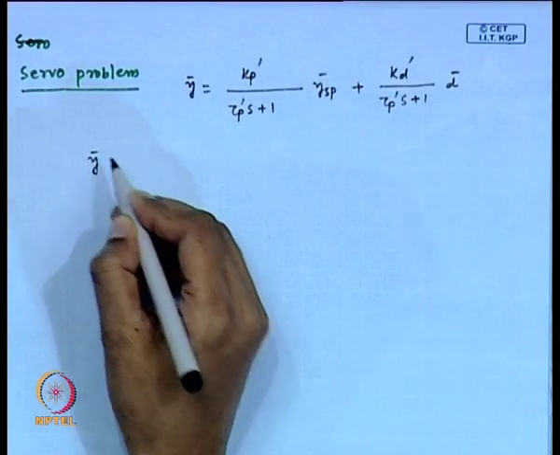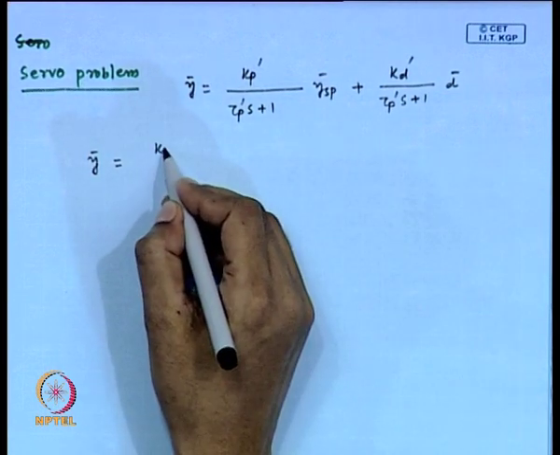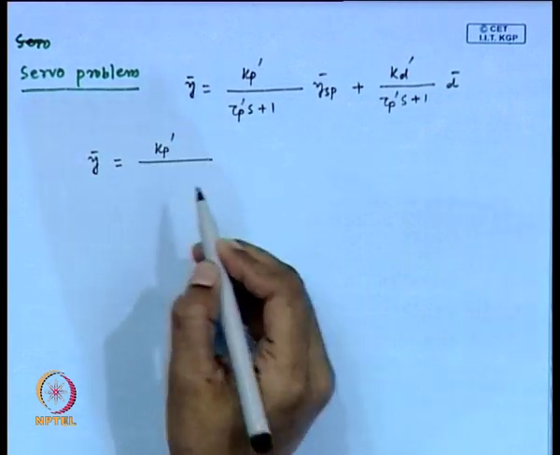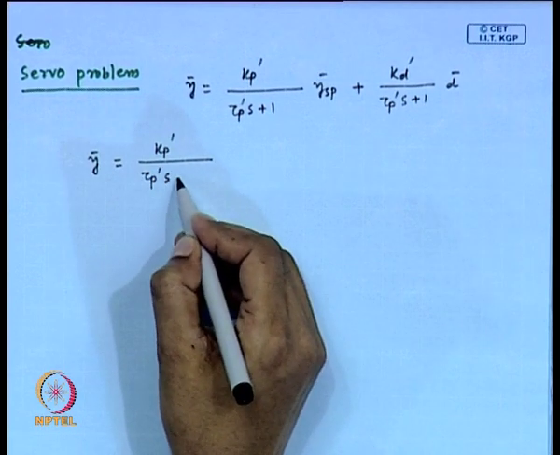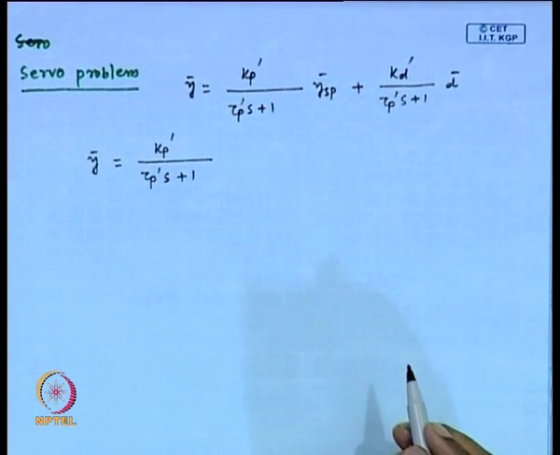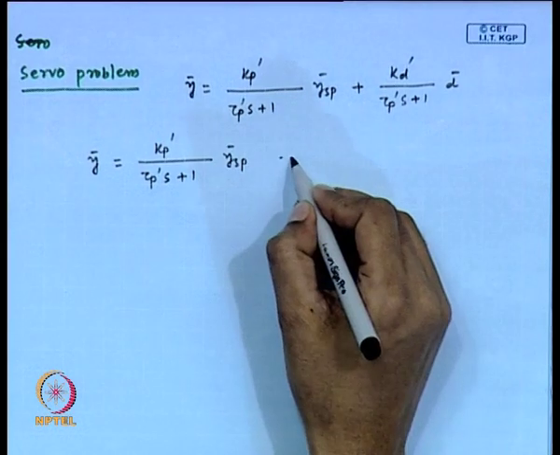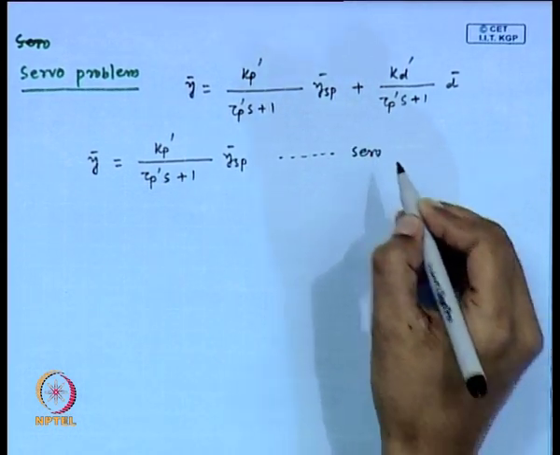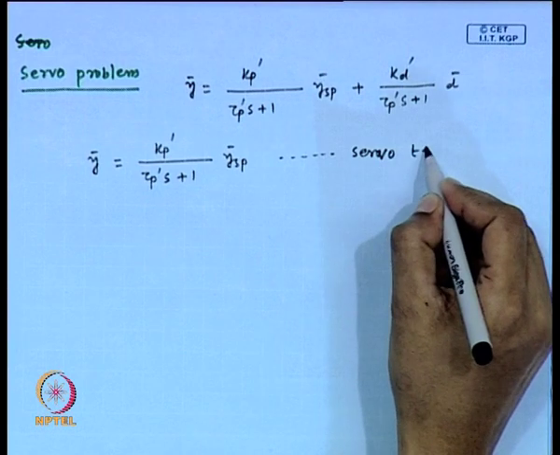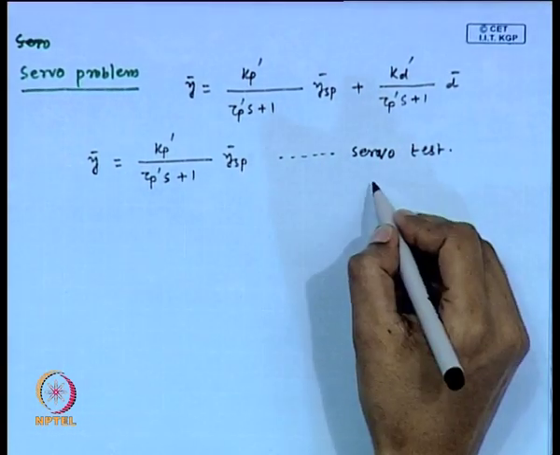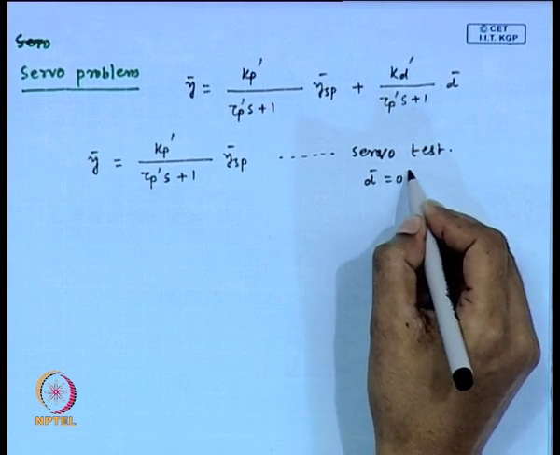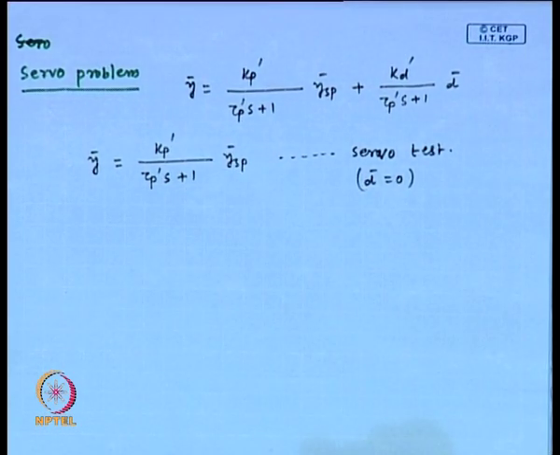So, for servo problem d bar equals 0, that means the transfer function becomes y bar equals Kp prime divided by tau p prime s plus 1 y set point bar. This is for the case of servo test, because for servo test no change in the disturbance is considered.